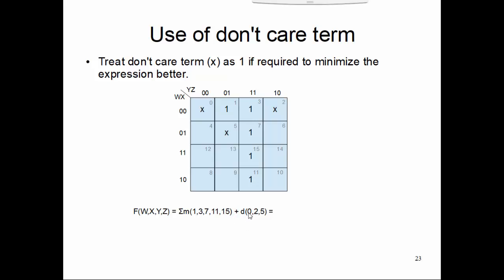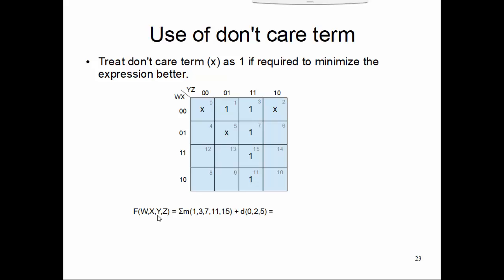This means a combination of 0, 0, 0, 0 of the wxyz variables is not going to occur during the operation. 0, 0, 1, 0 is not going to occur during the operation, and 0, 1, 0, 1 is not going to occur during the operation. So we call them minterm don't care terms.